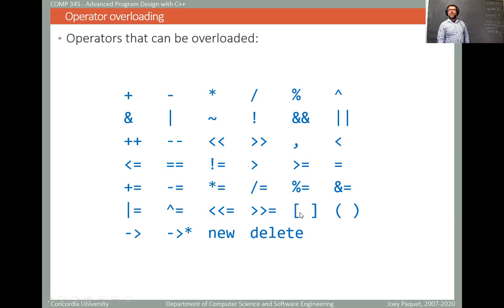You even have more obscure ones. The square bracket notation is an operator. Even the open-close parenthesis is an operator. Even new and delete are operators that you can overload. I'm going to give an example of the square brackets and the new and delete at the end of this slide set.